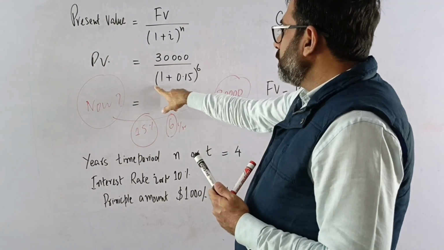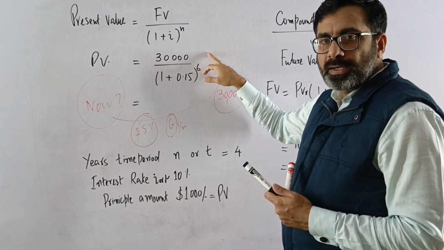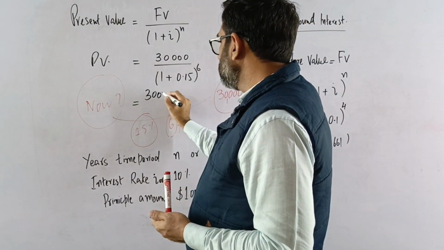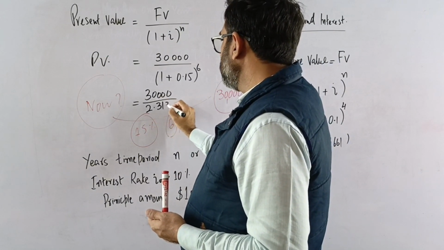So what you have to do is 30,000 divided by 1 plus 0.15 raised to the power 6. So it becomes 30,000 divided by 2.3130.